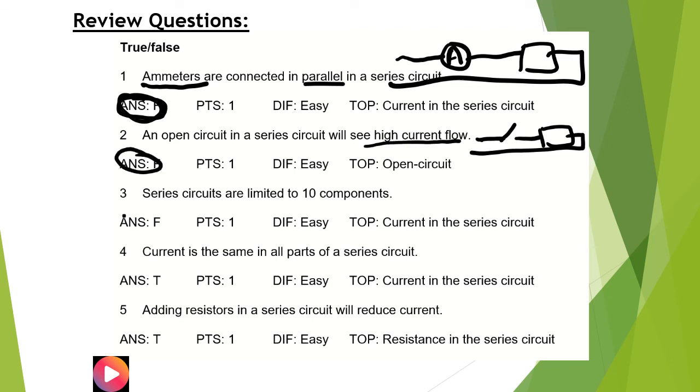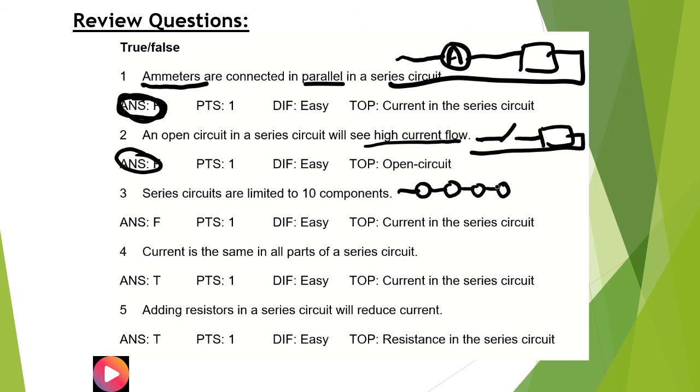Series circuits are limited to 10 components. Well, no. If you think of the Christmas tree lights that you have every Christmas, you have a light bulb, another light bulb, another light bulb.